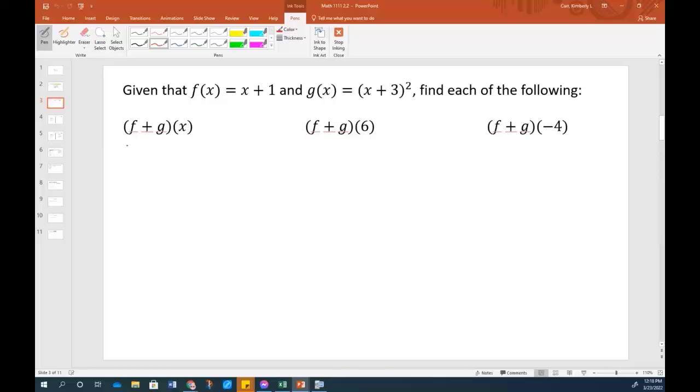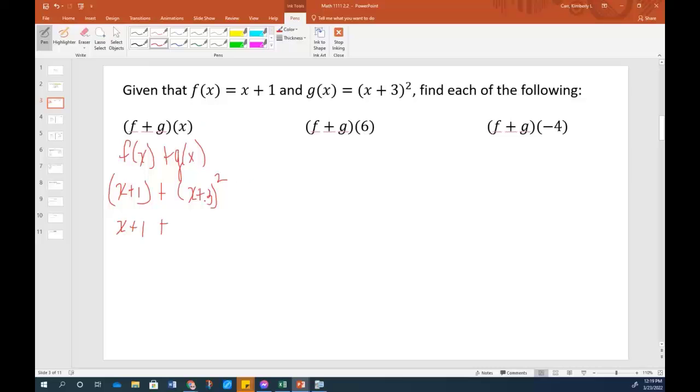So this is, again, the same as f of x plus g of x, which means I have x plus 1 plus x plus 3 squared. Now, it's likely we need to simplify this as far as possible. So x plus 1 is just x plus 1.